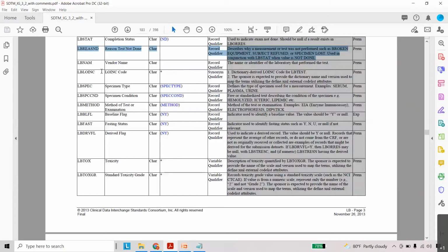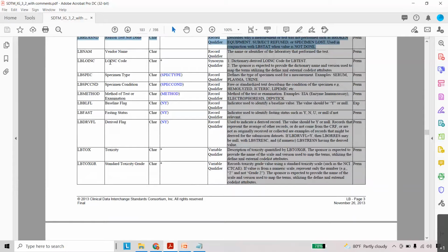It is very important for understanding the laboratory test results. If something is missing or something is abnormal, we can check where it was performed. If it was performed at a local lab compared to the central lab or main center, sometimes we can expect some issue with those results, not necessarily, but we can cross check this variable value.